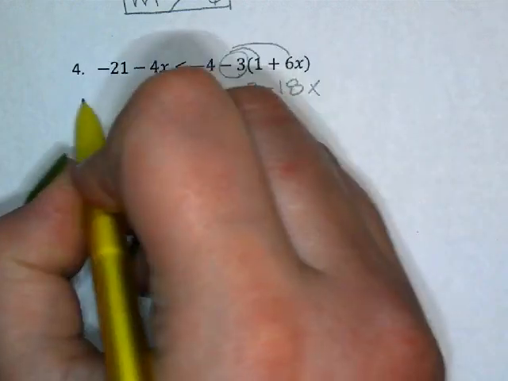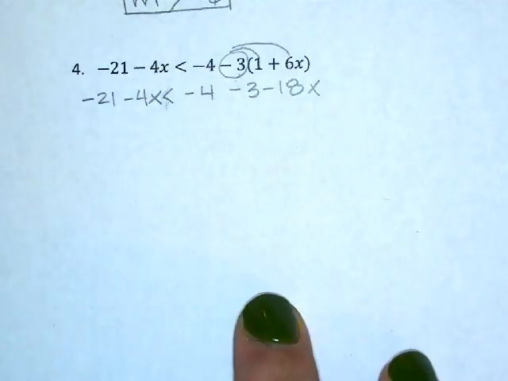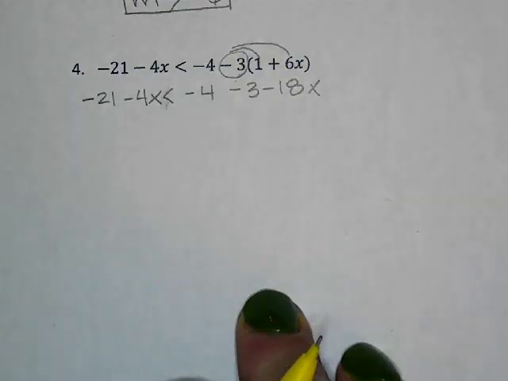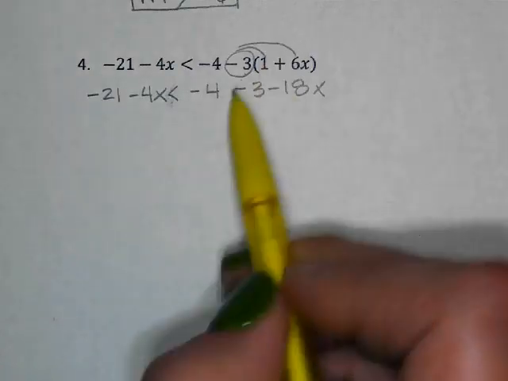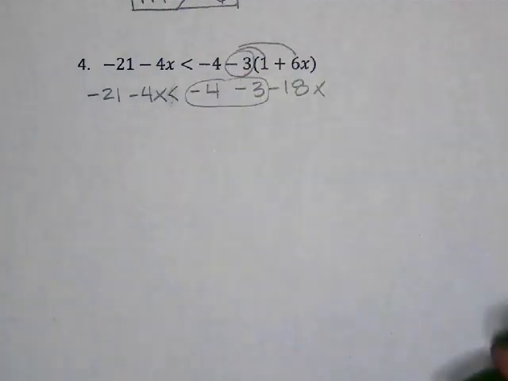Okay. And then what should we do? Combine like terms. -7. All right, -7.